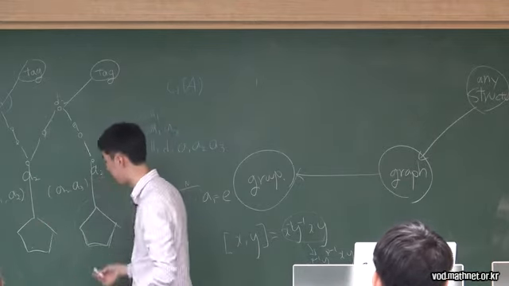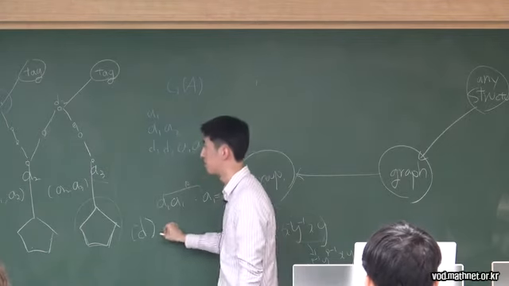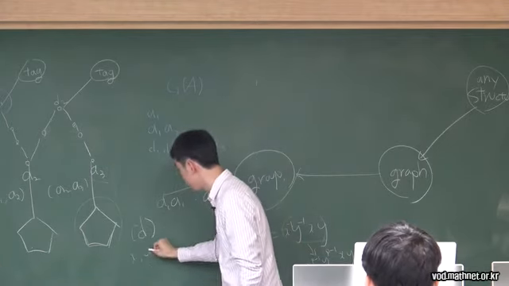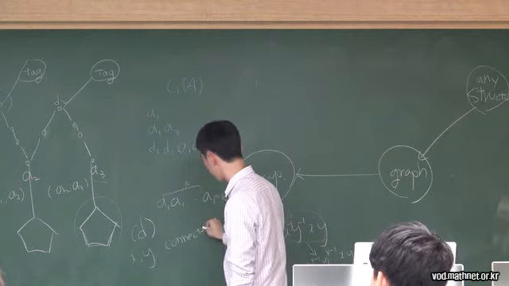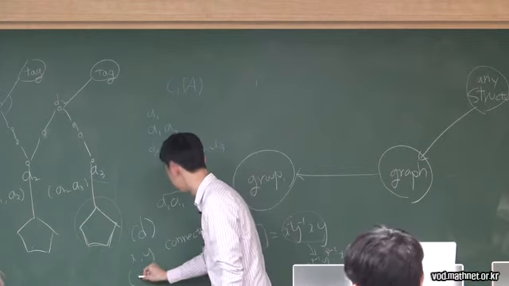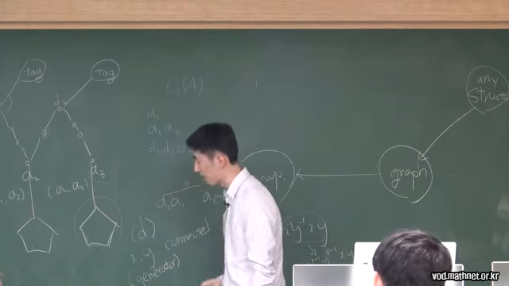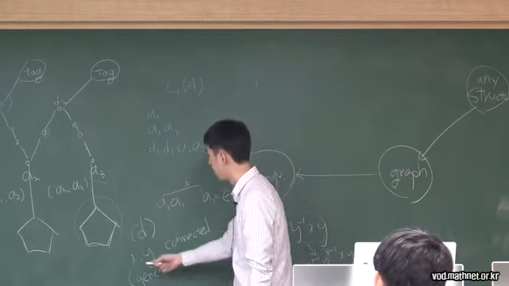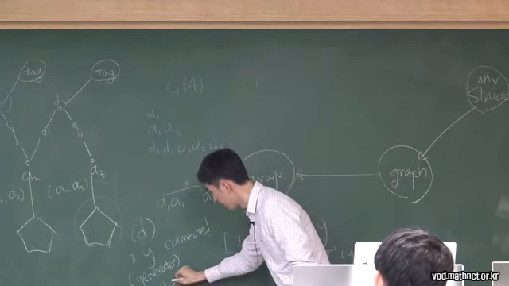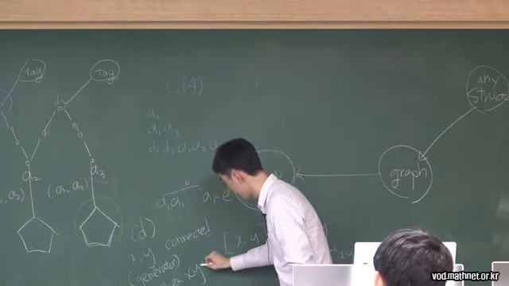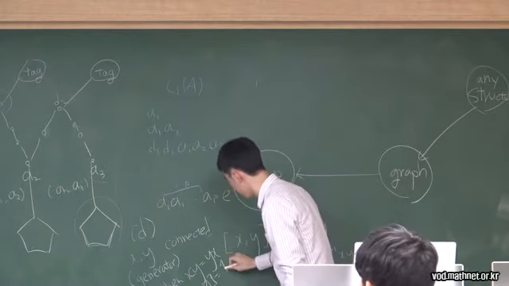You have a graph, and another special rule is that if X and Y are generators, and in the graph they are connected, then they commute. Or in other words, the commutator is 1.